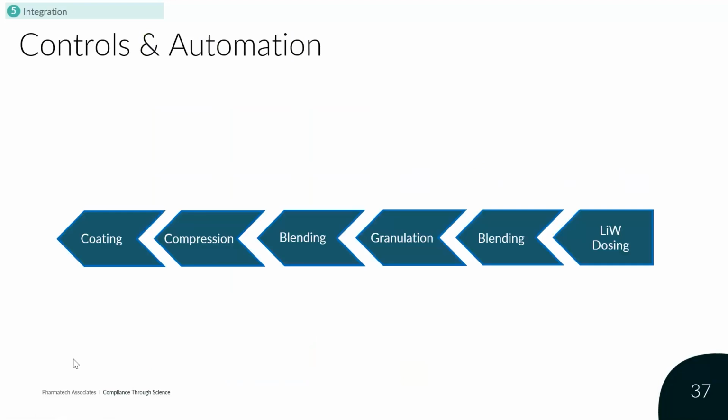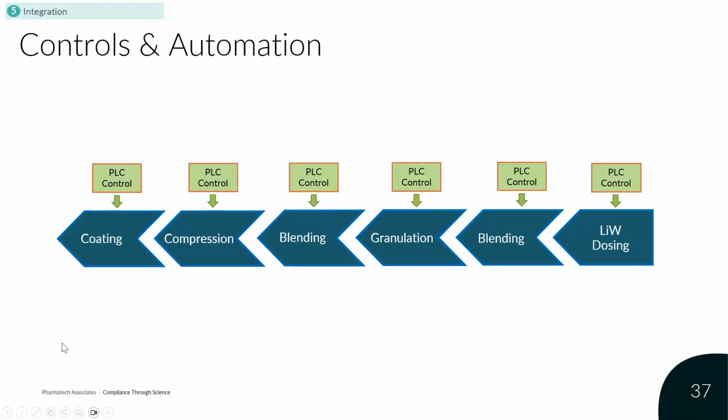The last step in this puzzle, and often underestimated, is controls and automation. If you buy unit operations on their own from different vendors, they come with a control system. You can have easy handshakes so that one unit operation is following the others, but not really exchanging information.